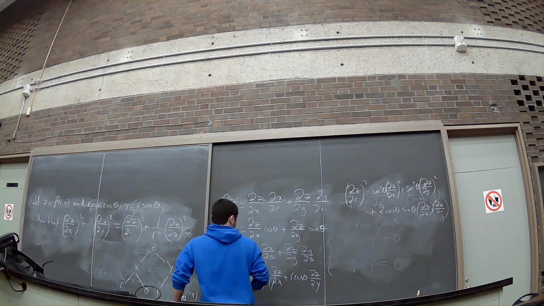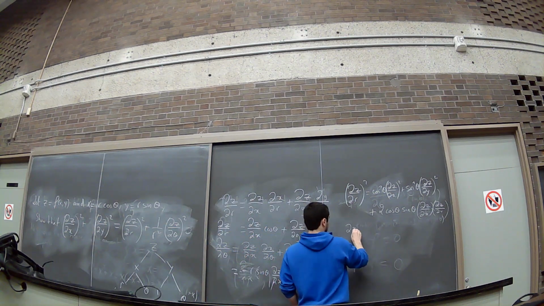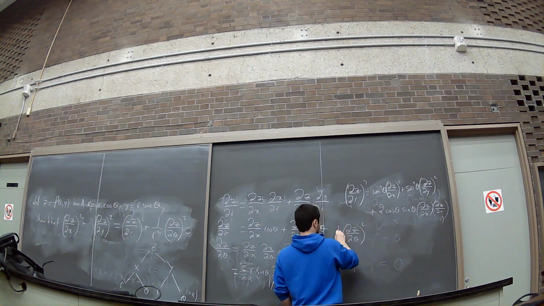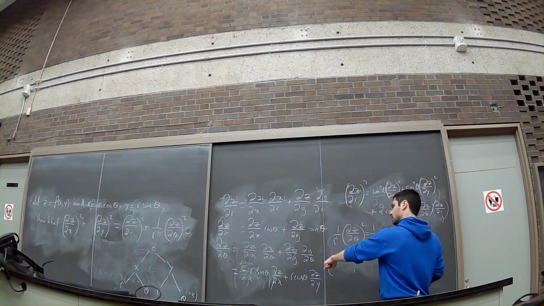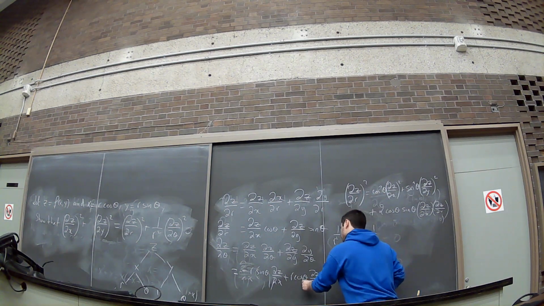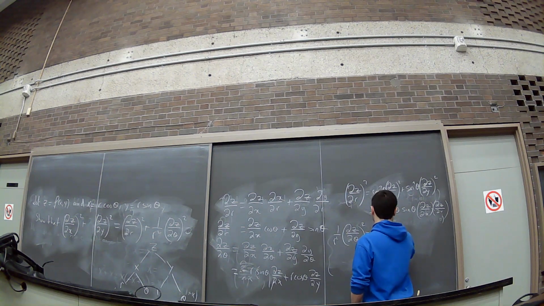Okay, now what is del z del theta squared? Or 1 over r squared del z del theta squared? I have 1 over r squared, right? Square this, r squared cos squared del z del y squared. Let me put it this way.